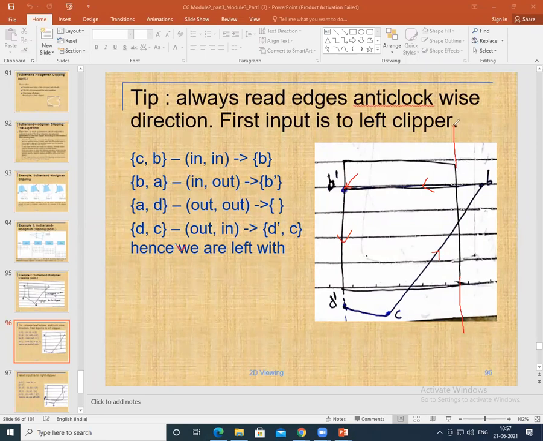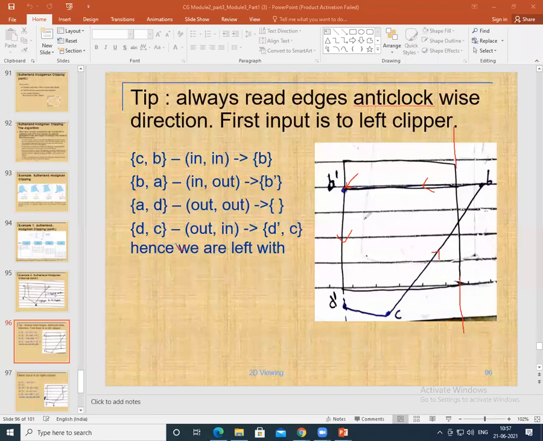To the right clipper, what about CB? C is in, B is out. What about B B bar? B is out, B bar is in. Similarly, B bar D bar is completely in. D bar C is also completely in.